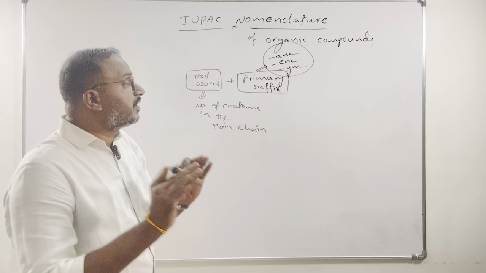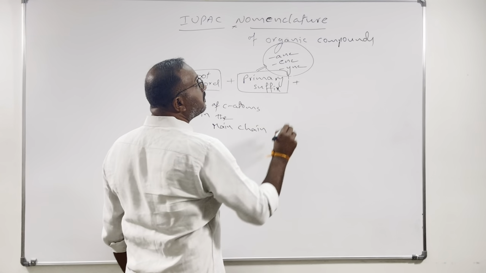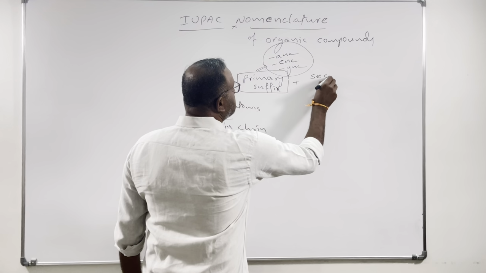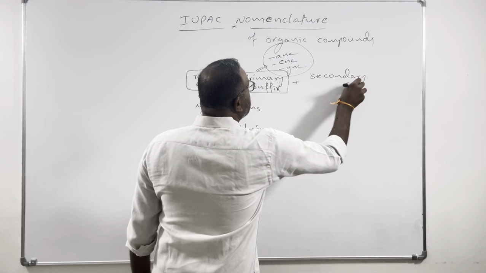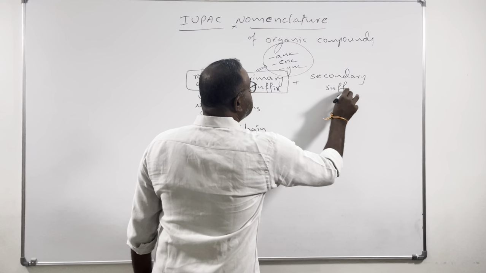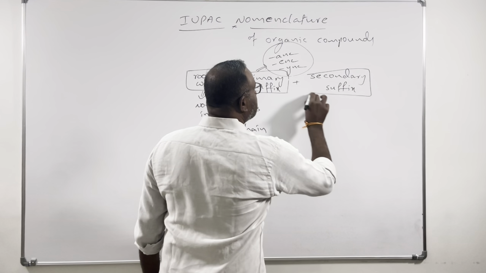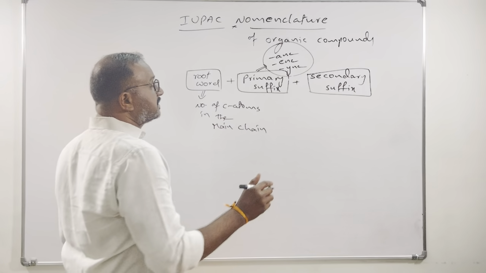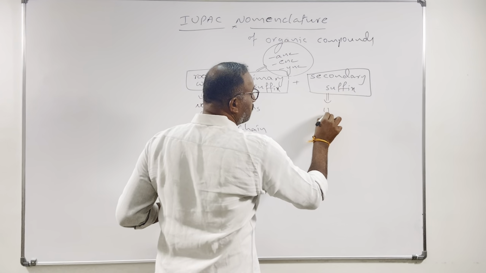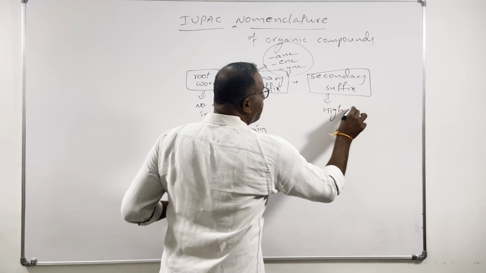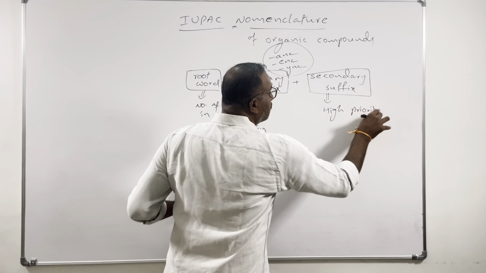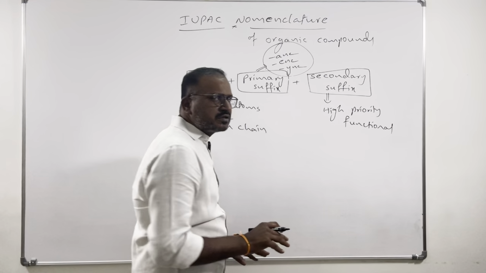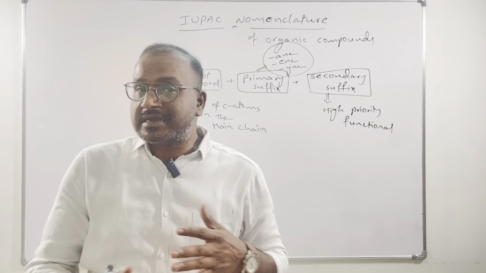If a functional group is present, the high priority functional group comes under another concept, the secondary suffix. This is the third concept. It represents the high priority functional group. Many functional groups may be there. If only one functional group is there, there is no need to consider high or low priority.